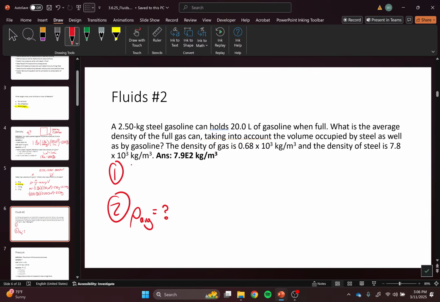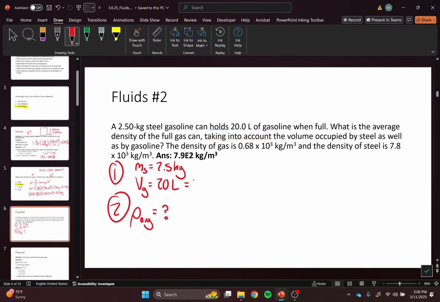So we have the mass of my steel. That's 2.5 kilograms. We have the volume of my gas, and that's going to be 20 liters. We are immediately going to convert that to meters cubed. That's generally something you just want to do.